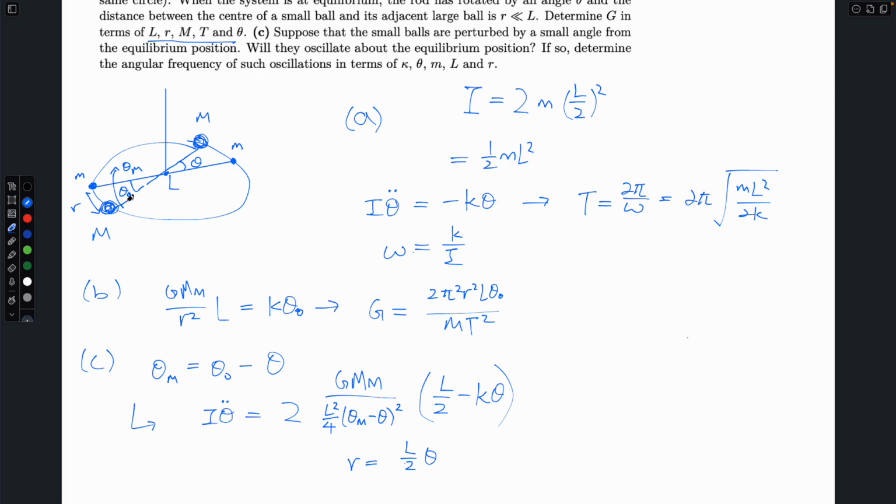So if I draw the top view, this is the big M, this is the big M, this is the small m, small m.